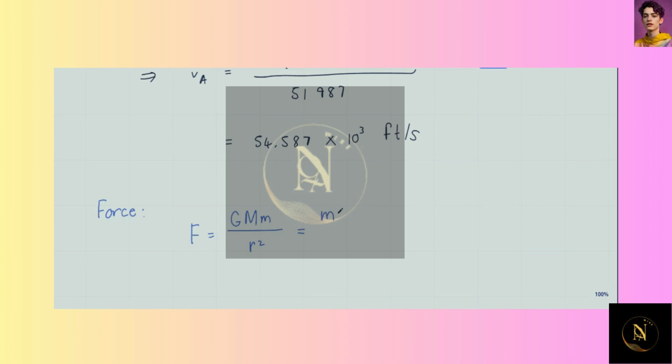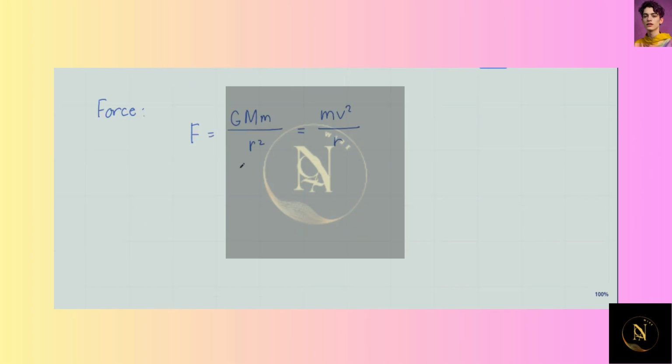And because this is centripetal motion of a nearly circular orbit, this is equal to m v squared over r. Remember, little r is the radius of the orbit. And from here we can see that G times M, both are constants, is equal to r v squared. So that's also a constant, r v squared.